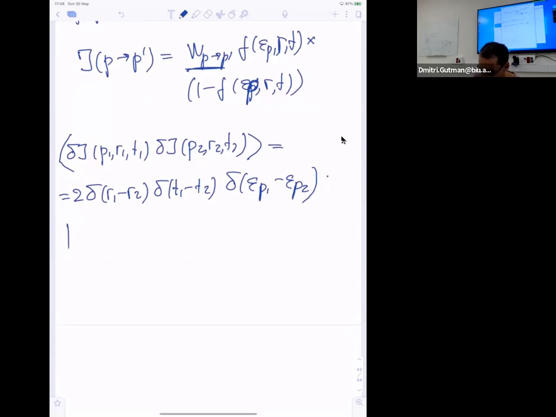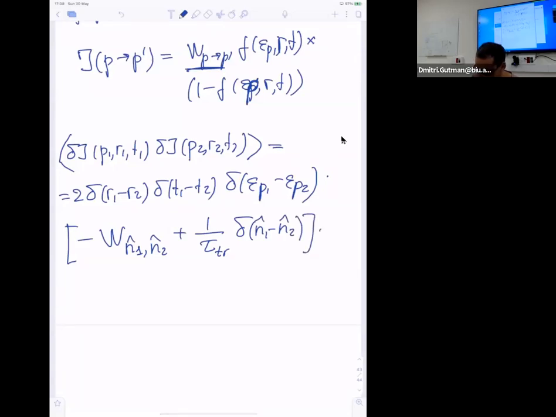And here I will have minus W between direction of the momentum n1 to the direction of the momentum n2, plus 1 over tau, delta function n1 minus n2, times distribution function at the energy P1, position R1, time T1, times 1 minus the distribution function at the energy P1, R1, T1.